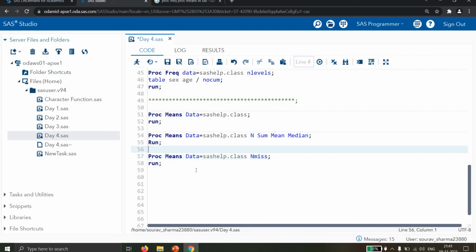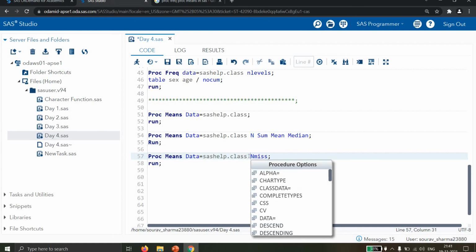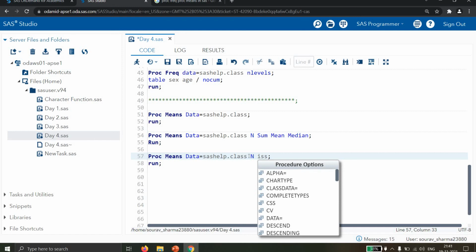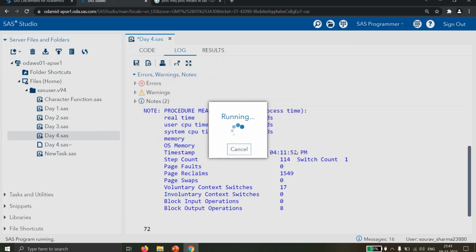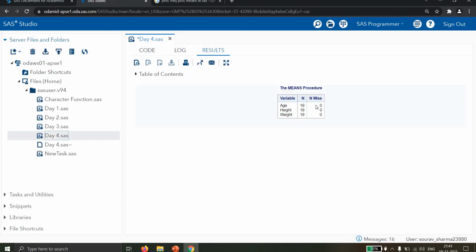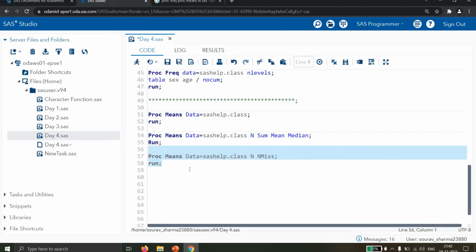You can also write it like this: first n, then nmiss. Now run it. It will give first the number of observations, then nmiss. So you can easily identify, let's suppose I have 19 observations available, and in the 19 we have 1 missing. That will help you. Okay, next.